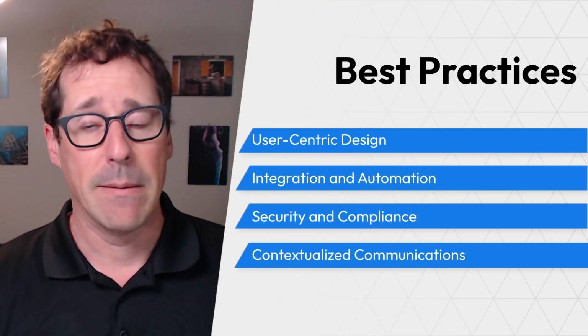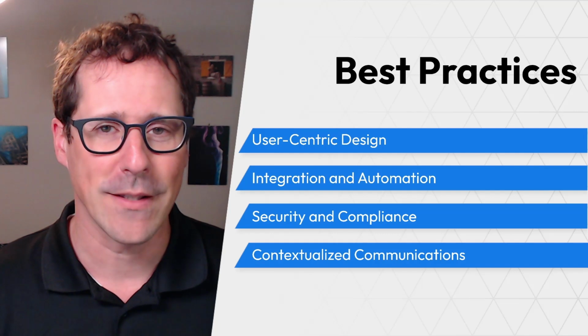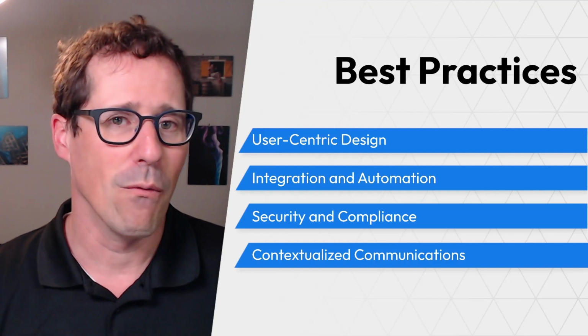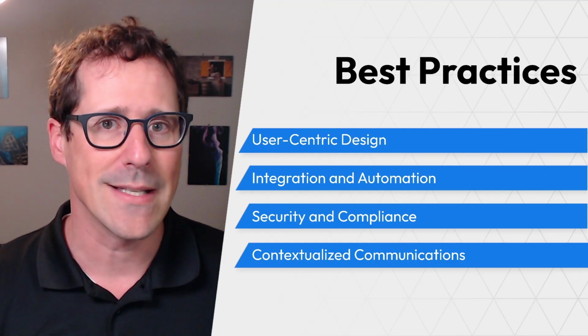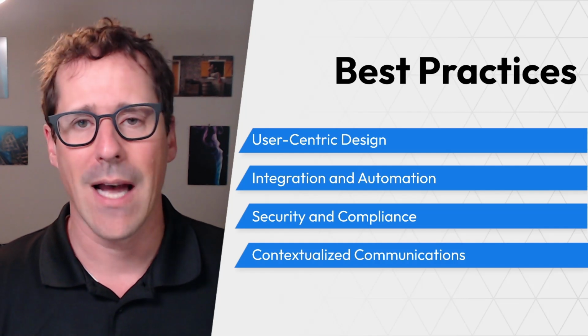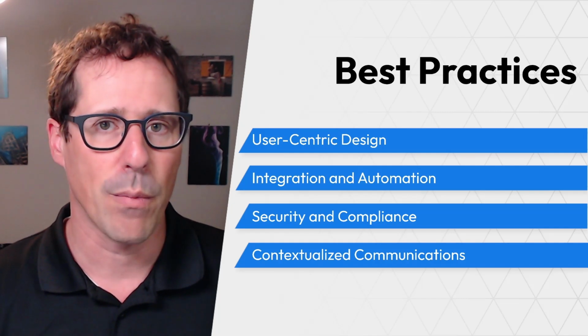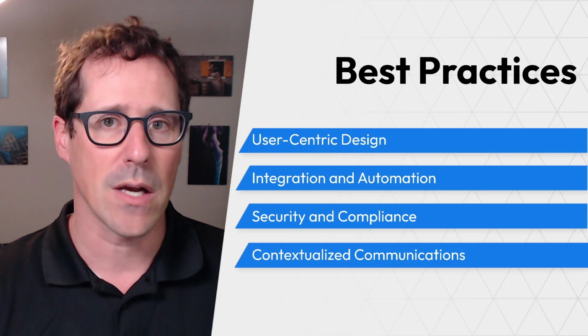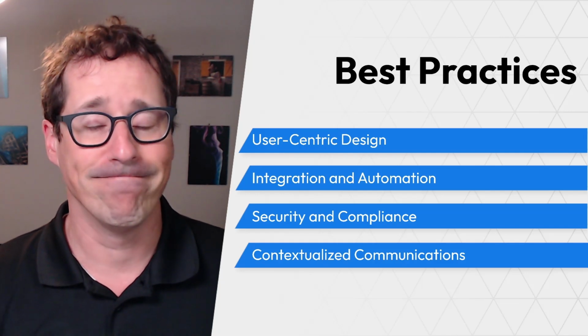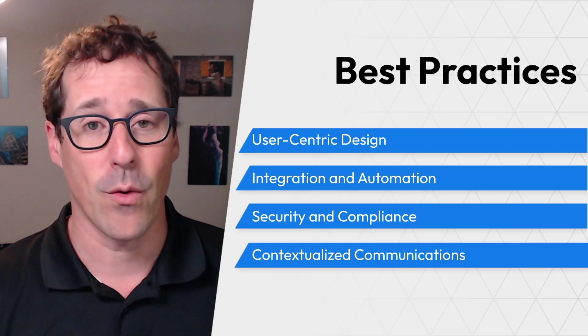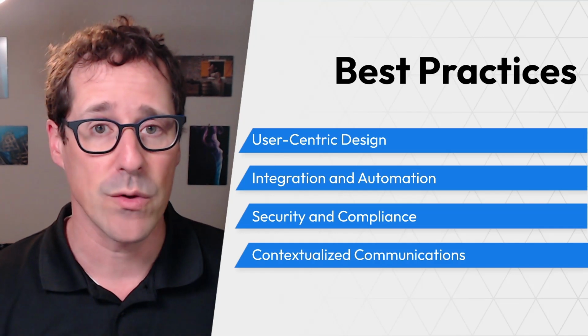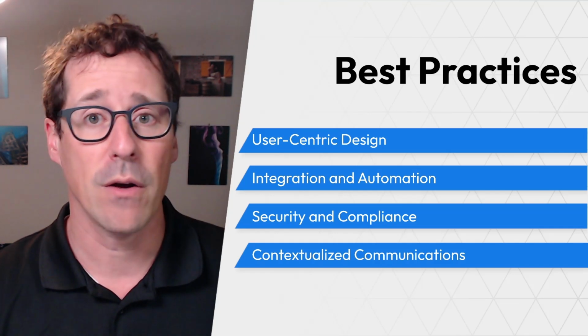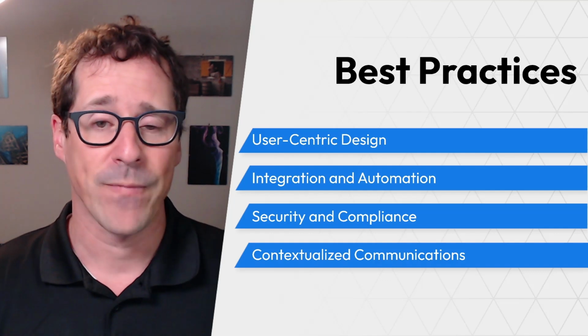So obviously, I'm here to provide a few best practices and how we can solve that. One of the important things is to have a user-centric type of design, where when you're designing your process and interaction, you want to make sure that the customer is at the forefront. Ideally, it is integrated and automated as much as possible, so you get the notifications as part of your project management system.